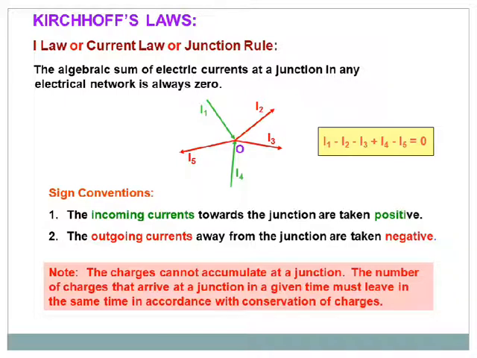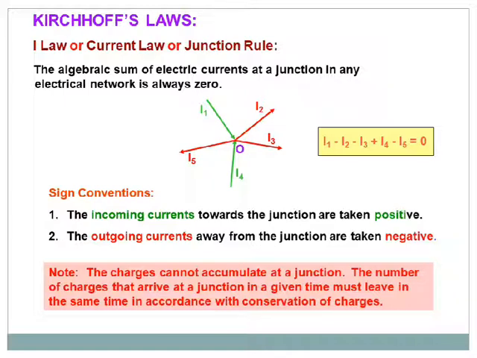When we say the algebraic sum is 0, we have to consider a sign convention applied to the current. Current flowing towards the junction is considered positive, and current going away from the junction is considered negative. So let's see the sign convention for the current.